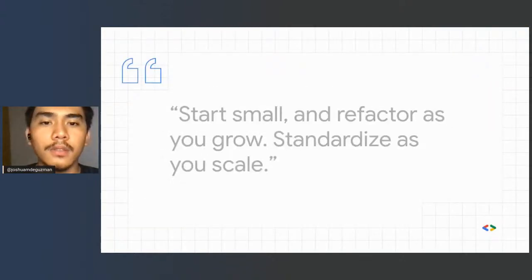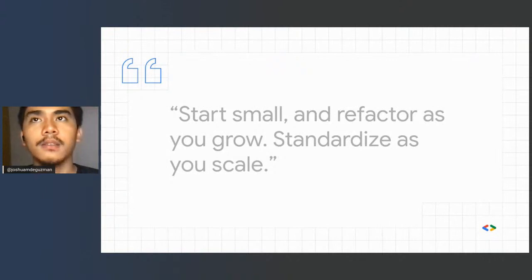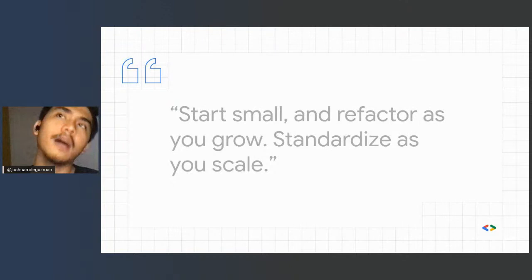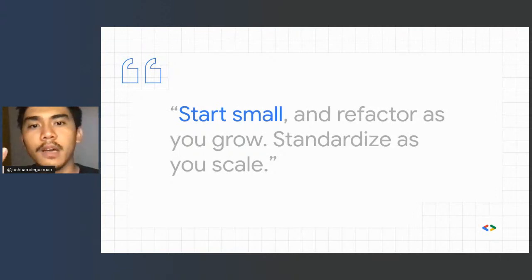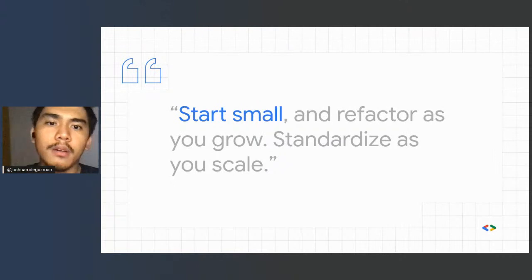And these are just the things that I want to emphasize. If you're just starting a Flutter application, you just have to start small. You don't have to necessarily use Bloc, Provider, or MobX right away. You could use either setState or even Provider. Provider is a good way of managing states if you're just starting small, or refactoring as you grow.